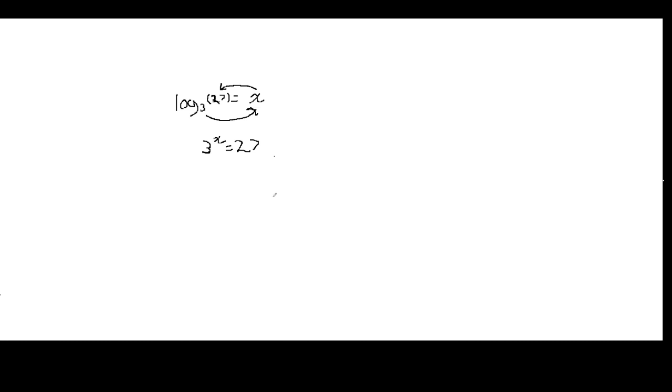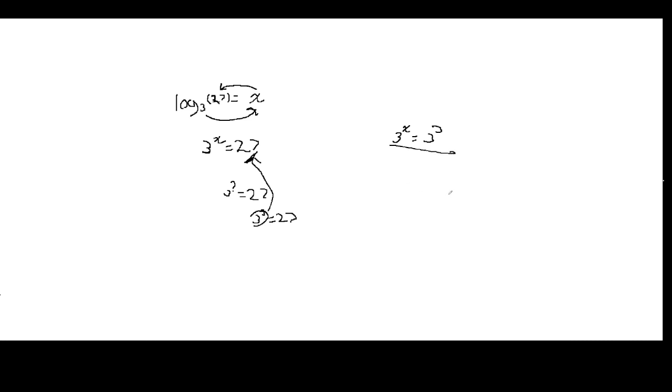So, once again, 3 to the power of what equals 27? Well, 27 is 3 cubed, so we plug in 3 cubed for 27 up here. Sorry, that's a bad arrow, but you get the idea, right? And so 3 to the power of x equals 3 to the power of 3, right?